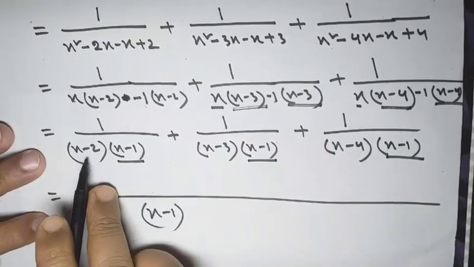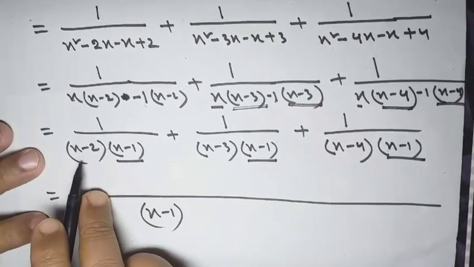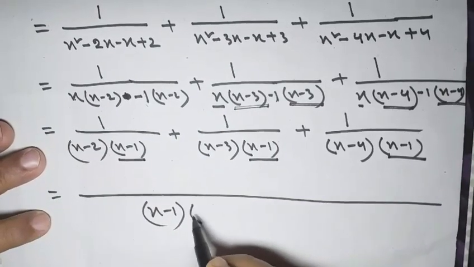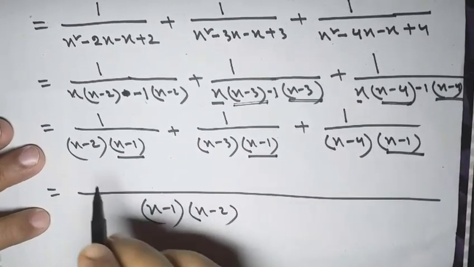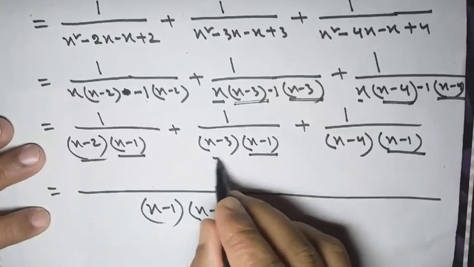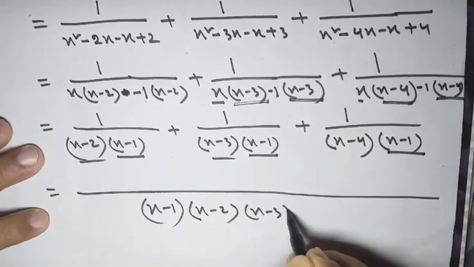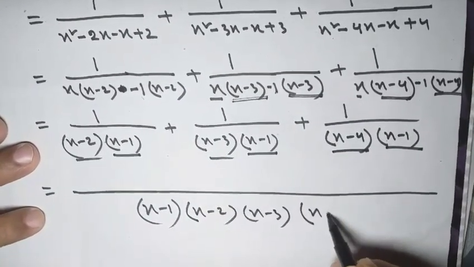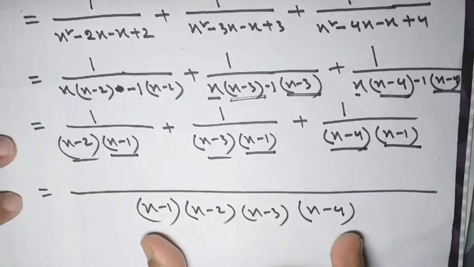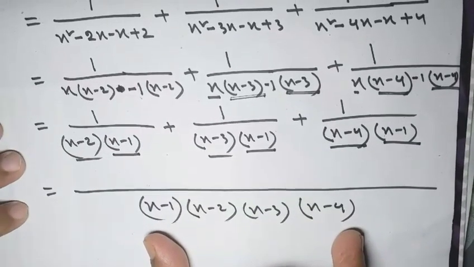Now x minus 2 is only one time here, so we will write x minus 2 and x minus 3 and x minus 4. This is the LCM. We are going to do the addition.